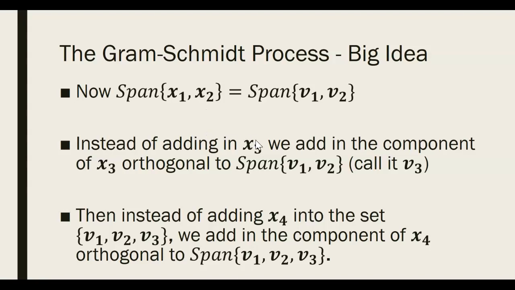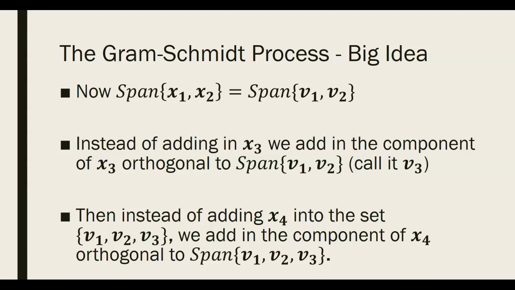So instead of adding x3, we add in the component of x3 which is orthogonal to the span of v1, v2. And then we do that same process. Instead of adding in x4 into the set v1, v2, v3, we add in the component of x4 that is orthogonal to the span of v1, v2, v3.